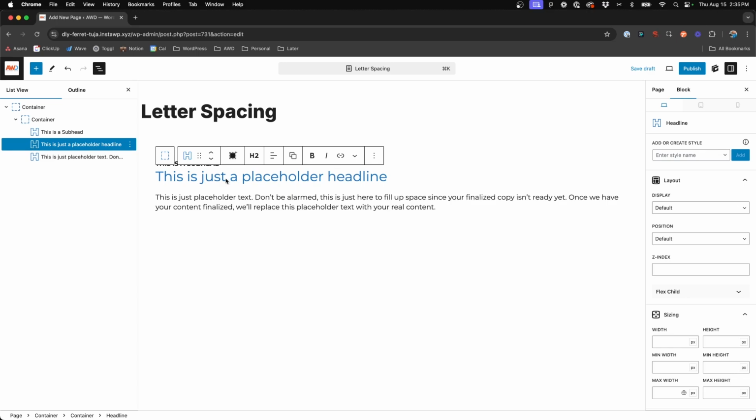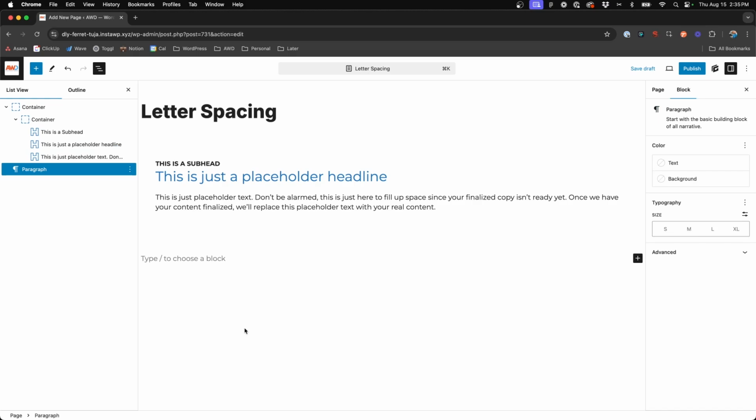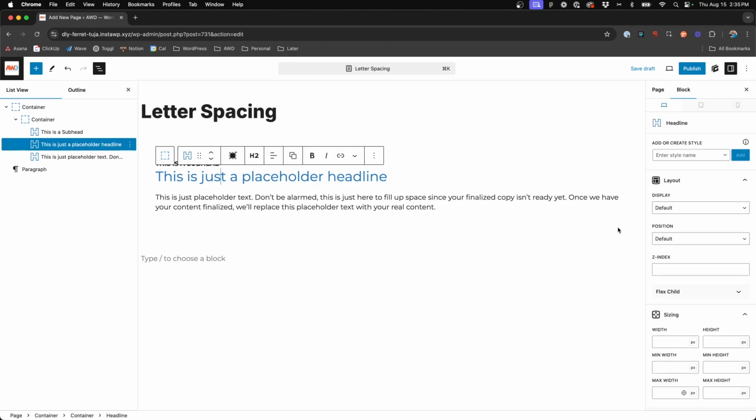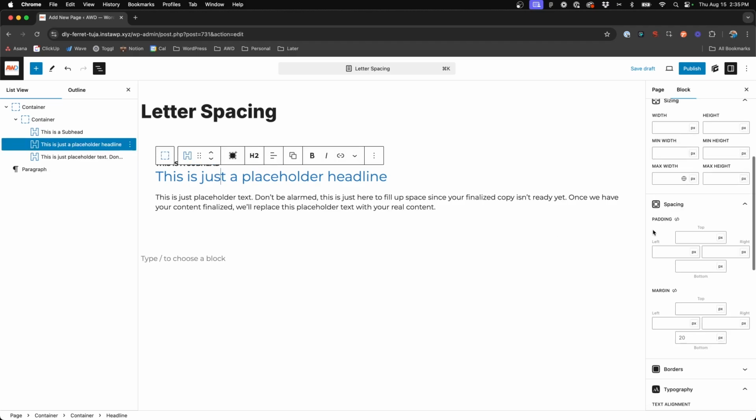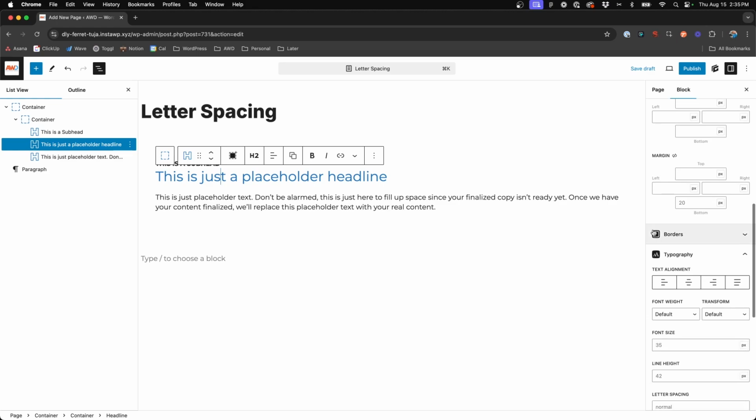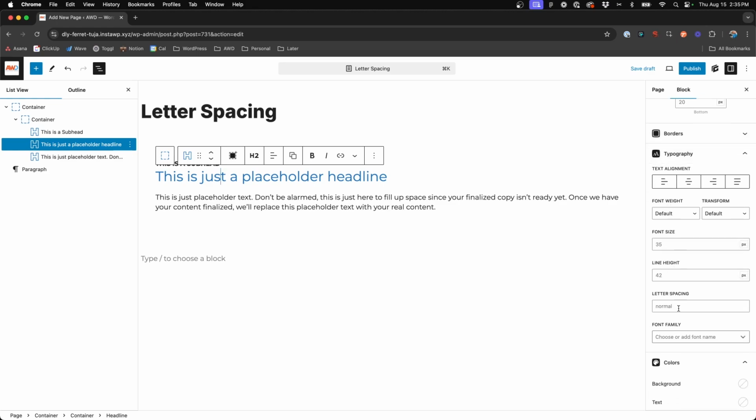So for example, if we look at this H2 heading, by default, this has 0 letter spacing at all. And with this particular font, you could tell it could use a little bit of negative letter spacing because the width between characters is just a little bit too far apart. So if we select that heading and come down to our typography panel, we can add a specific letter spacing measurement here.